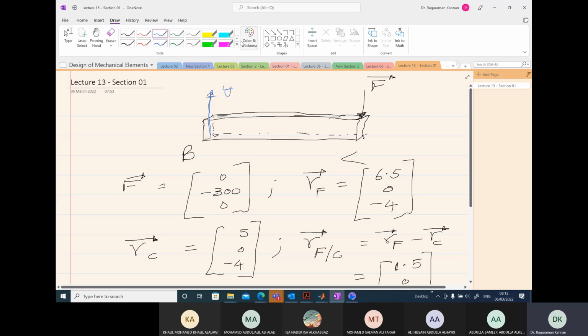The z-axis in the other direction. This is the z-axis and the x-axis.